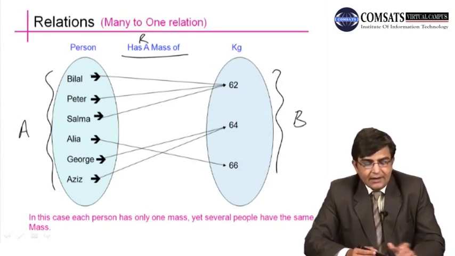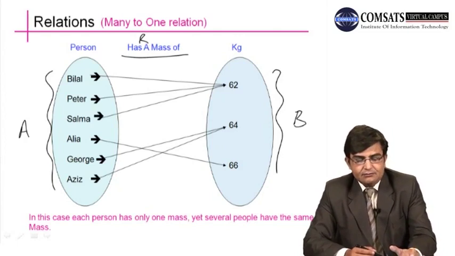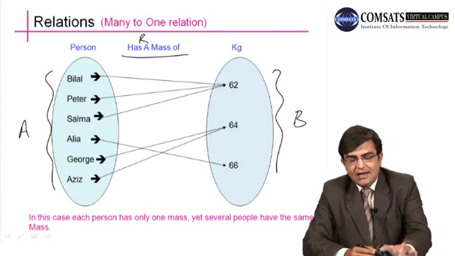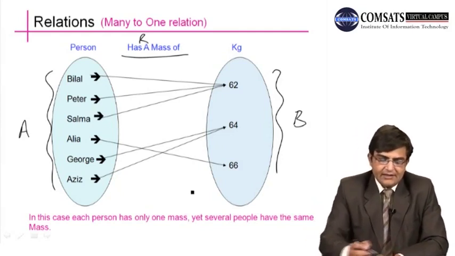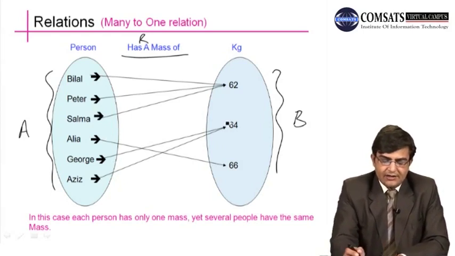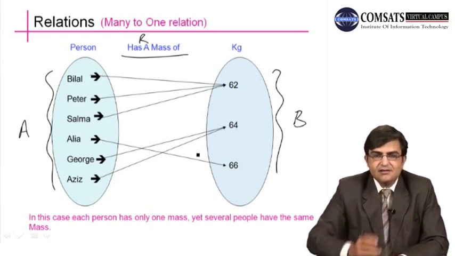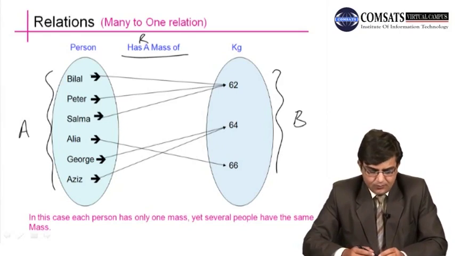Now Bilal is a person. Bilal has 62 kg weight. Peter also has 62 kg weight. Salma also has 62 kg weight. Alia has 66, George has 64, and Aziz has 64 kg weight.